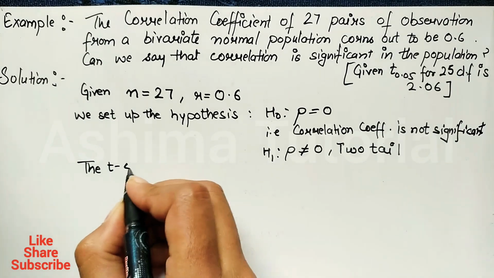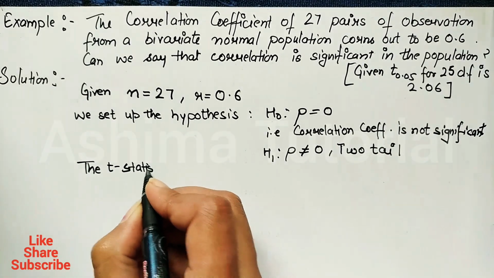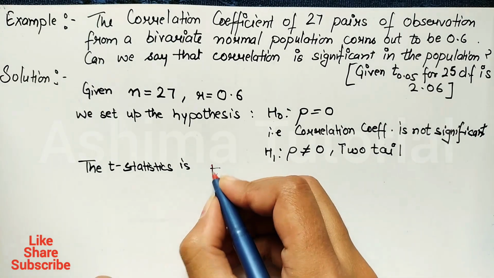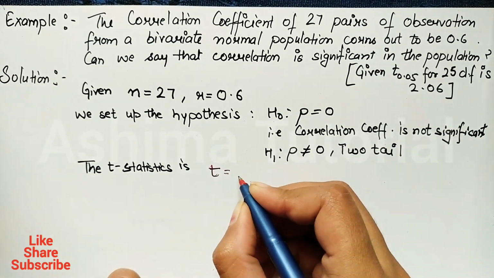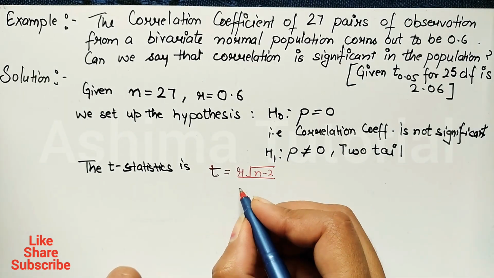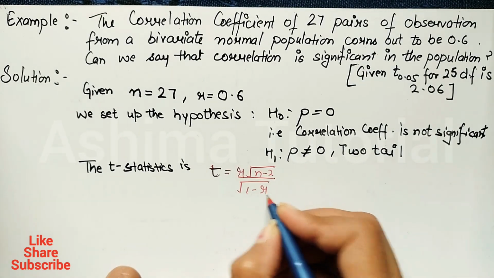The t-test statistic is t is equal to r under root n minus 2 over under root 1 minus r square.